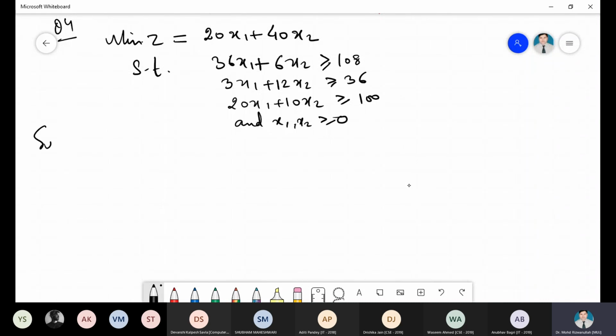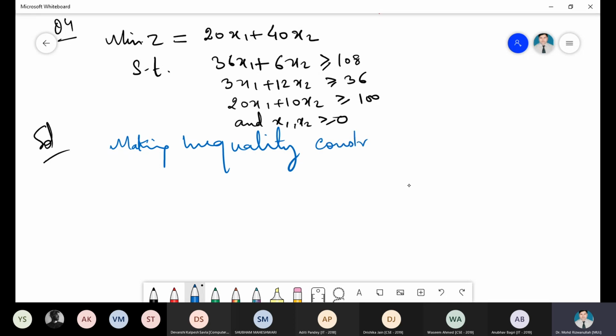The solution is making the inequality constraints into equations.